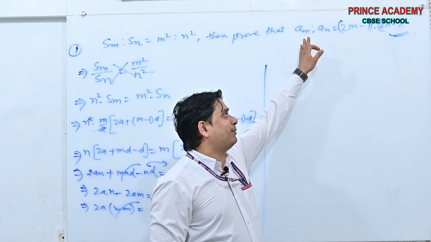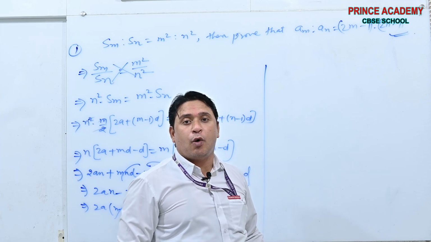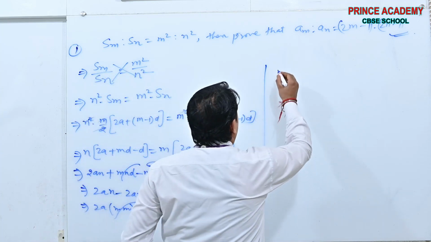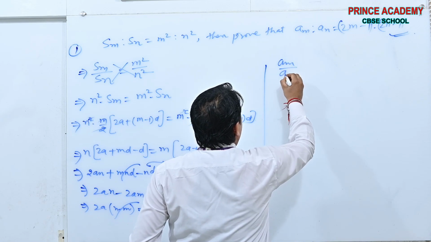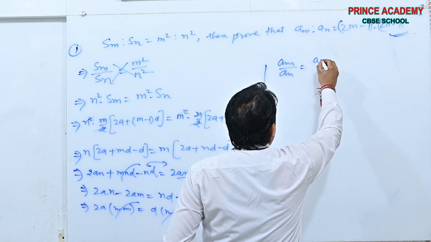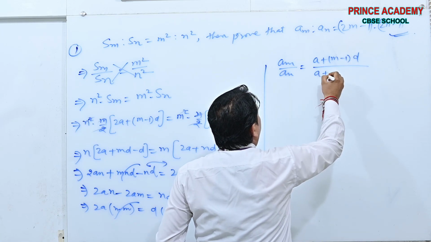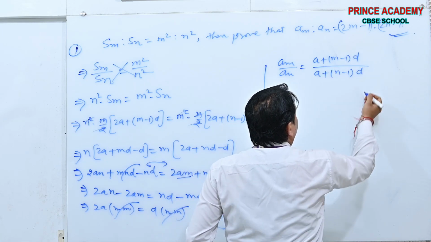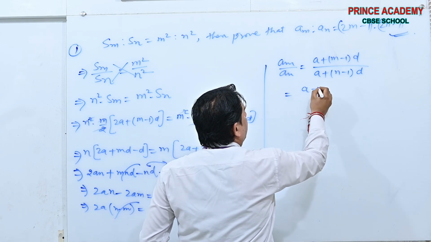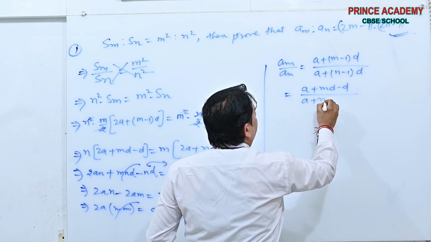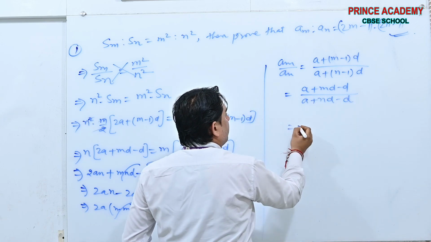We have to find the ratio of the AP's mth term, Am by An. This is a plus m minus 1 d, and this is a plus n minus 1 d. Now see: a plus md minus d divided by a plus nd minus d.